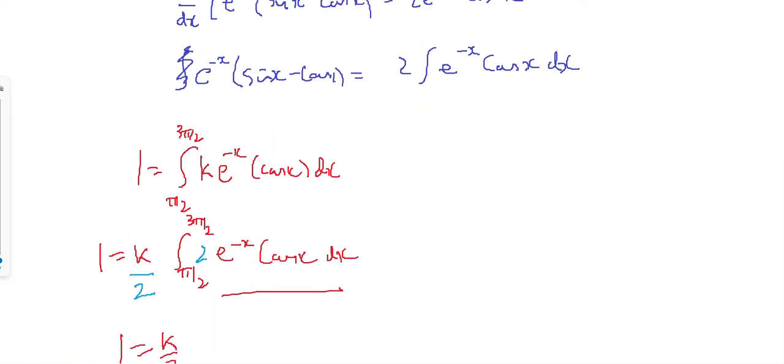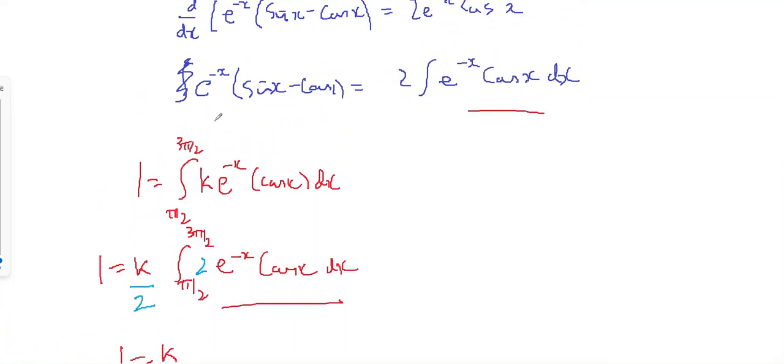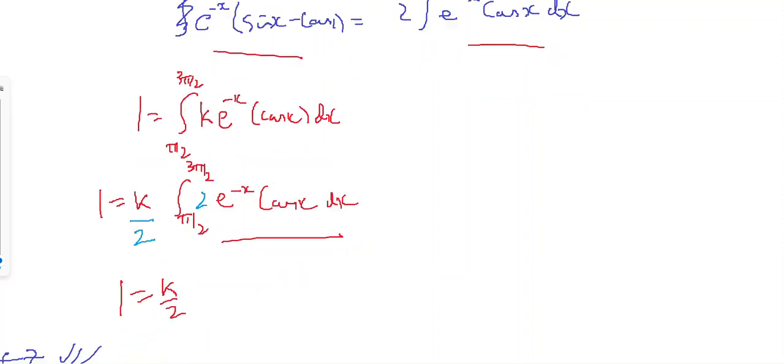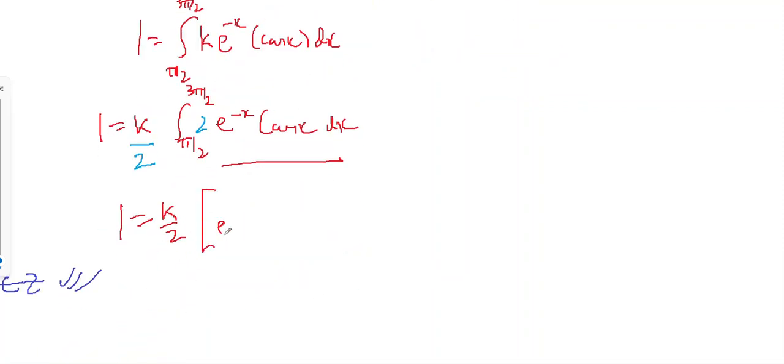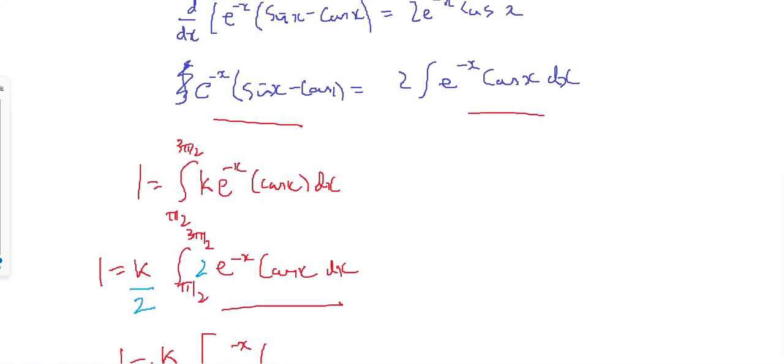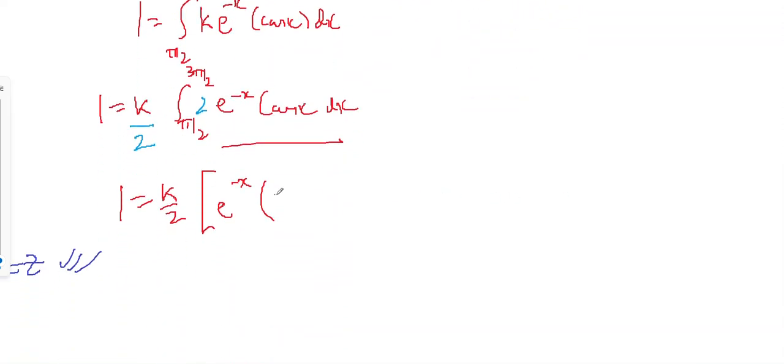This is this, which equals that: e to the minus x (sine of x minus cos of x) from pi on 2 to 3 pi on 2.